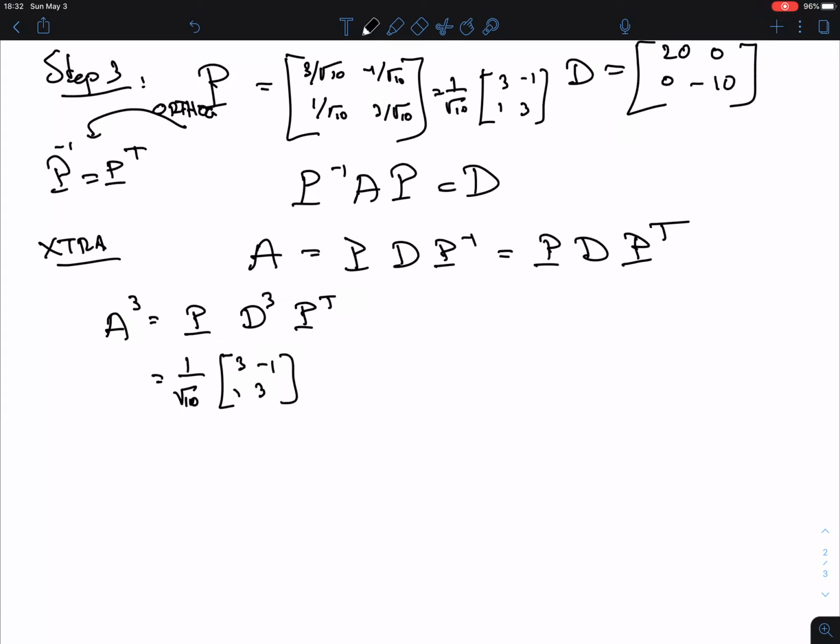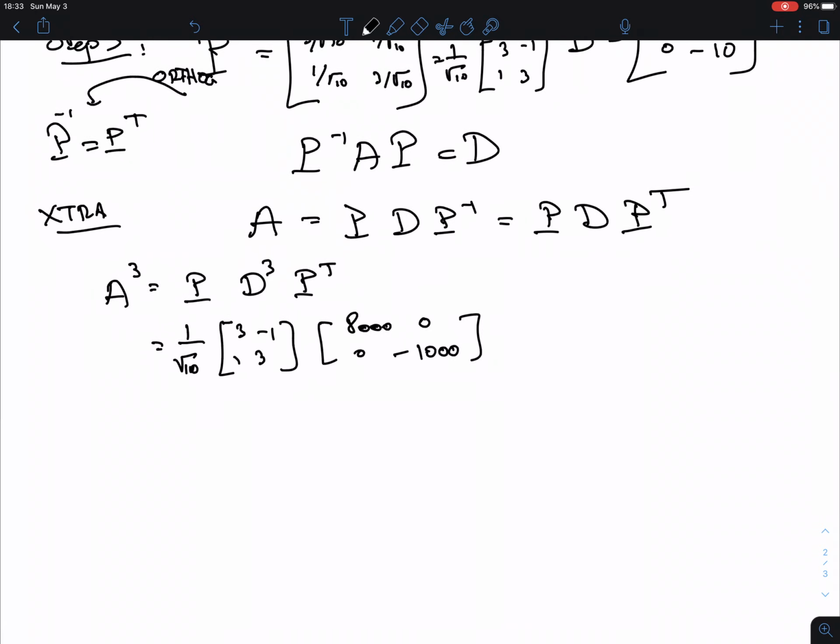So that is that. Now D cube, what is D? Now we have to cube this. So 20 cubed, think a little about it, it's really 8000. Okay, it's a big number, but okay. And then minus 10 cubed, it's minus 1000. Correct? And then what is the transpose?